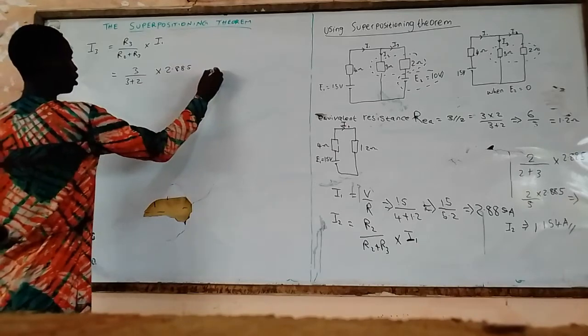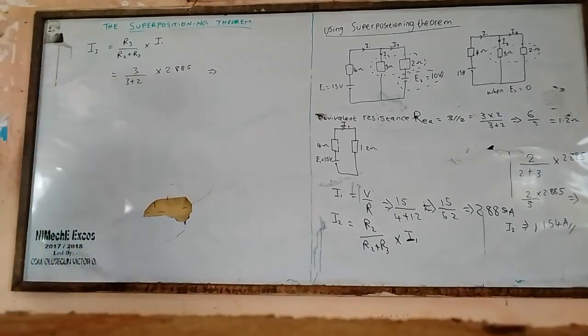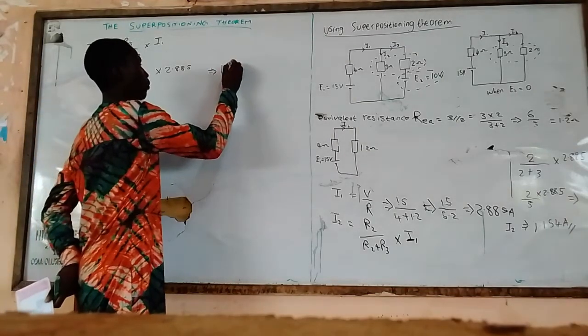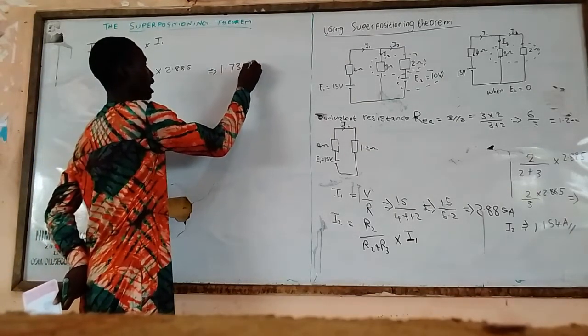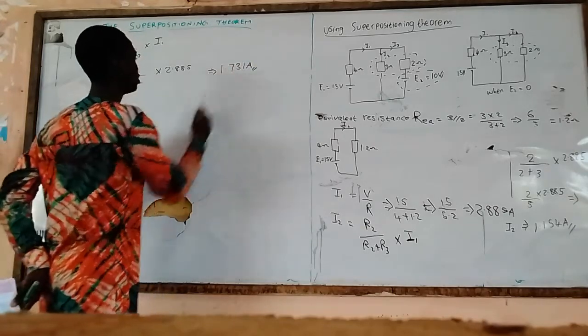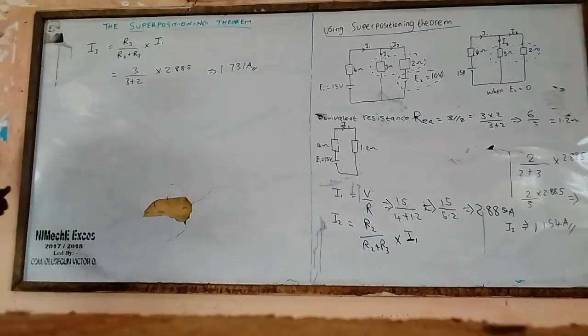Punch it on your calculator. The final answer should be 1.731 ampere for I3. So we've gotten our I1, I2, and I3.